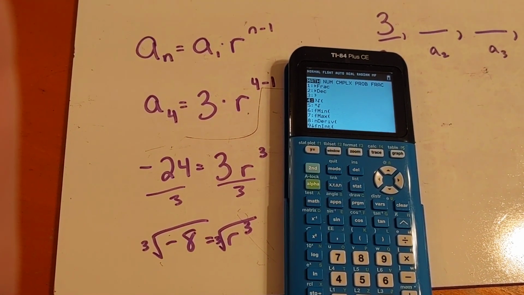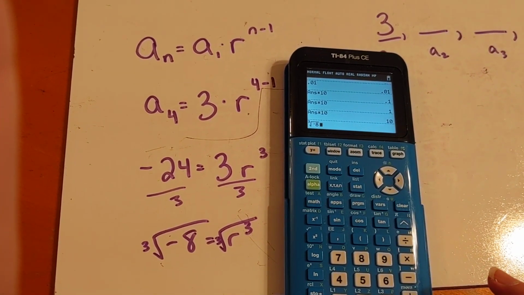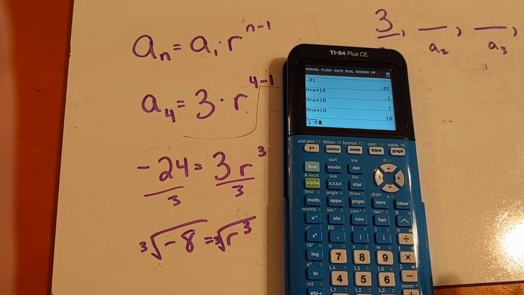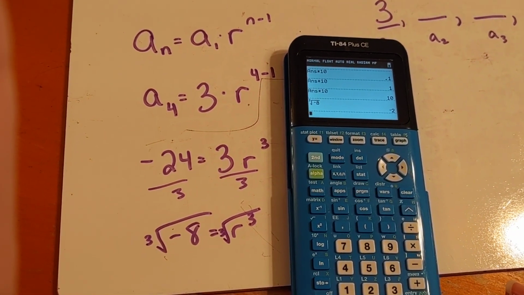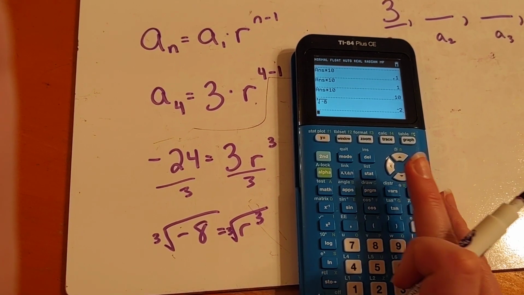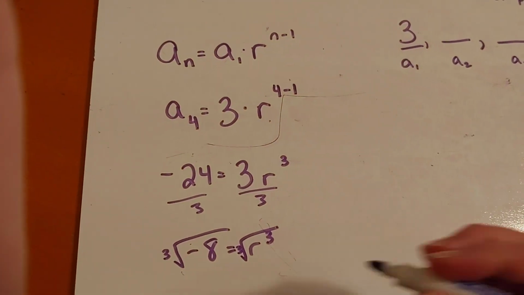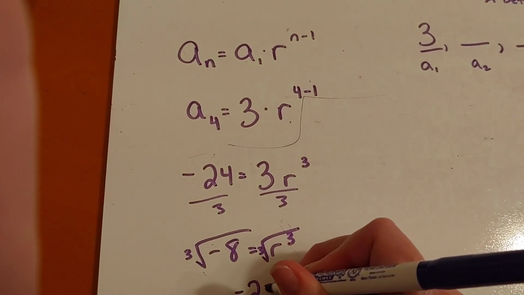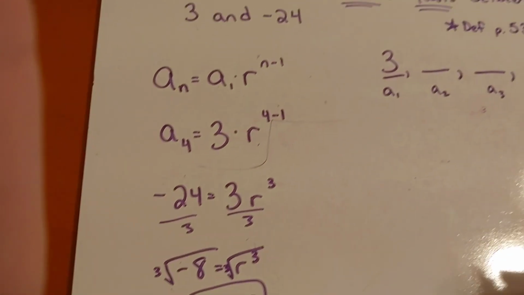It's the fourth item down. So you can take the cube root of -8. Now the cube root of -8, what number times itself 3 times equals -8? It's going to be -2. It is not plus or minus. It's just -2. Because -2 times -2 times -2 will give you -8. So -2 equals r. Now that I have my r, this problem is going to be so easy.